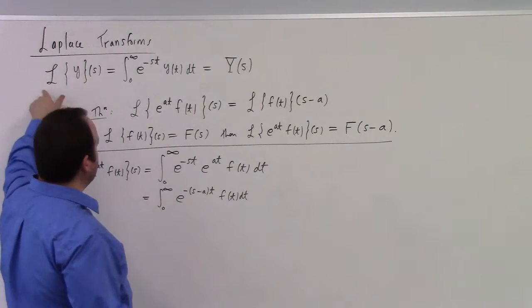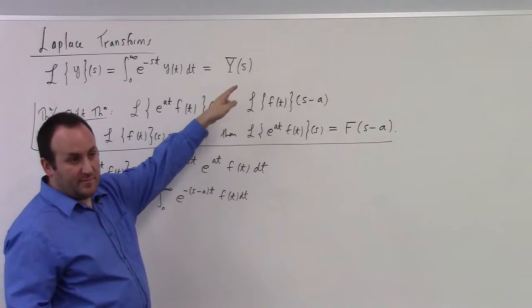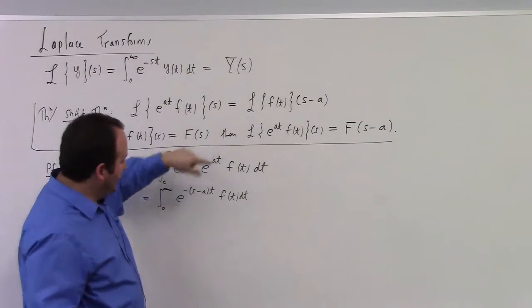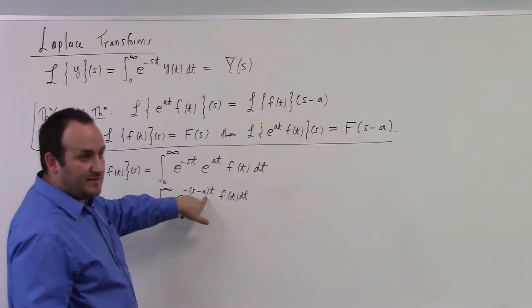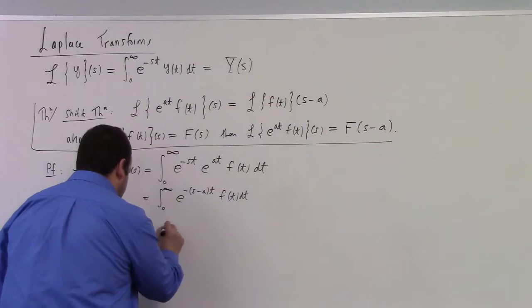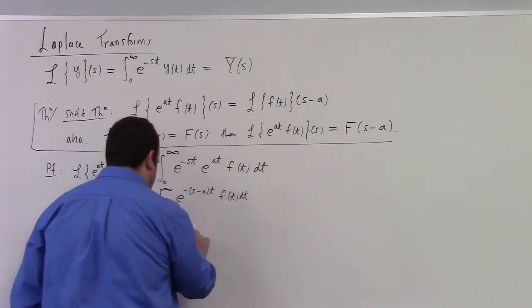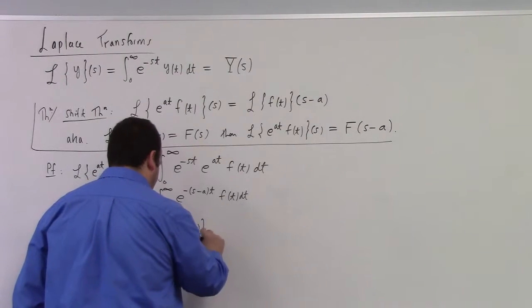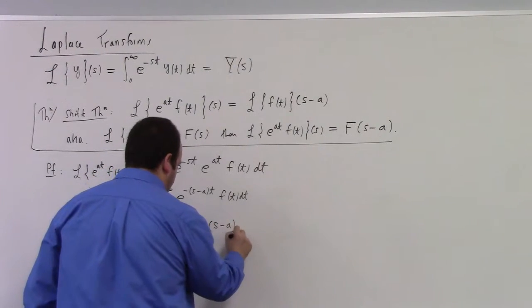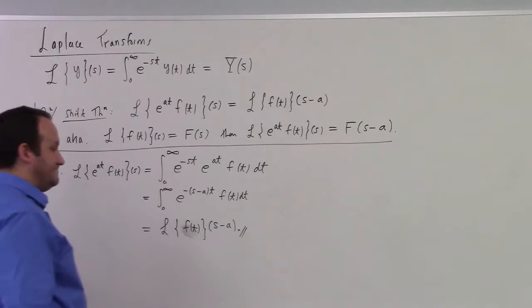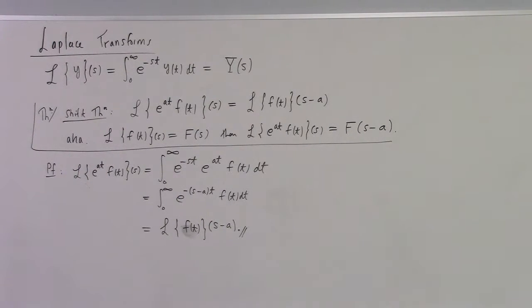That is, by definition, the Laplace transform. Not at s. See, s has been replaced by s minus a. So this is exactly the Laplace transform of f of t at s minus a. That's it. It's so simple, it's shocking, really.